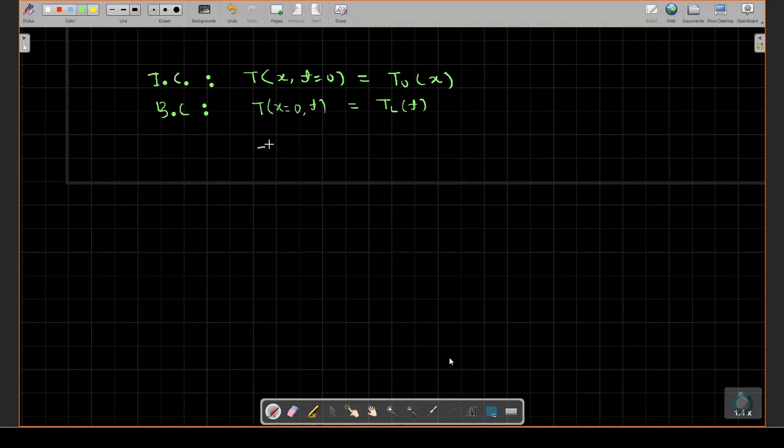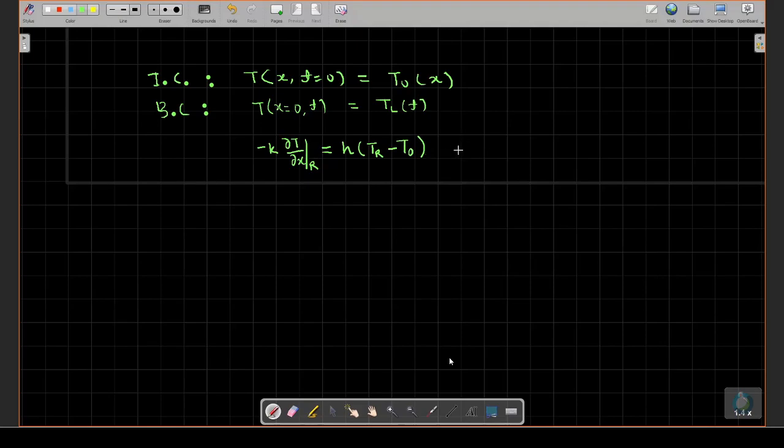So say that is k del T del x at the right boundary, which is h times T at right minus T naught, for example. So this is a boundary condition at the right.